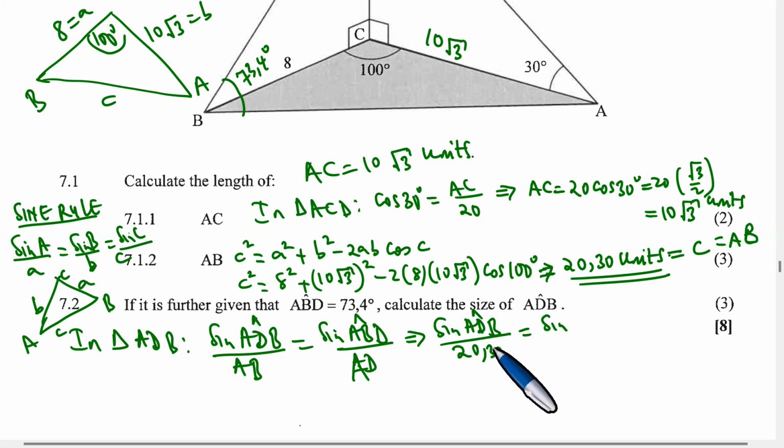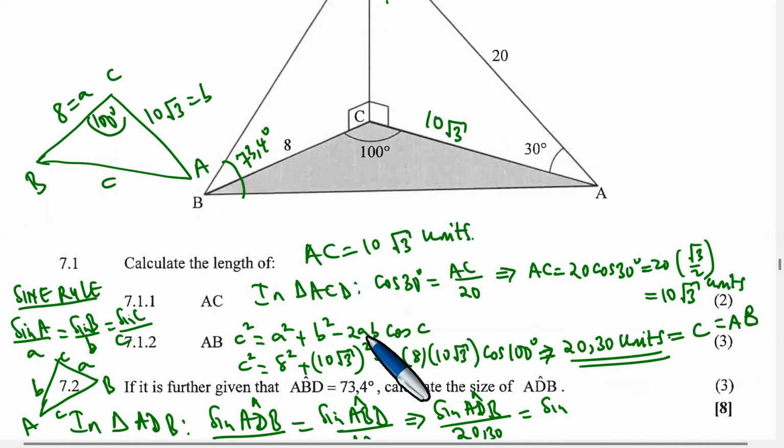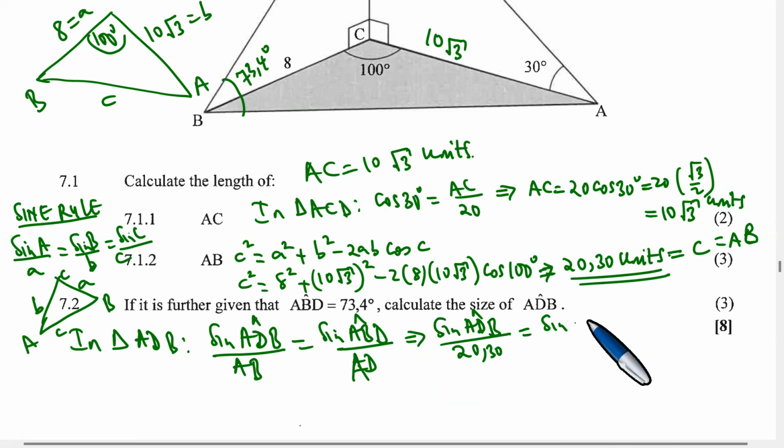Then you have the sine of ABD, which is 73,4, divided by AD.